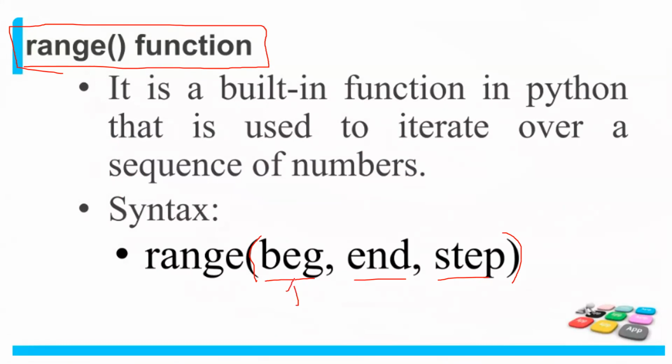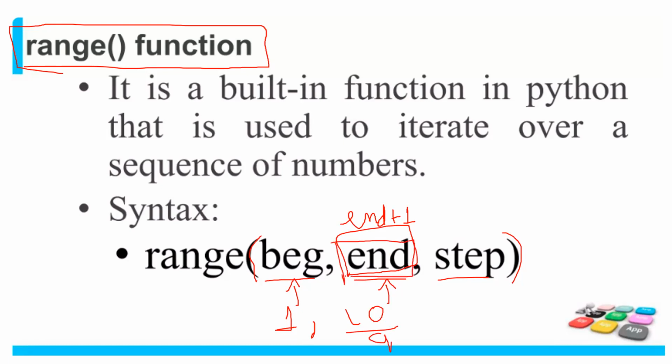Range. The first value will be the point of initialization. The second value will be the point of condition, but this will be exactly the value plus 1. Why? Because if you are going to write here 1, 10, it will run only till 9. The last value will not be accepted.